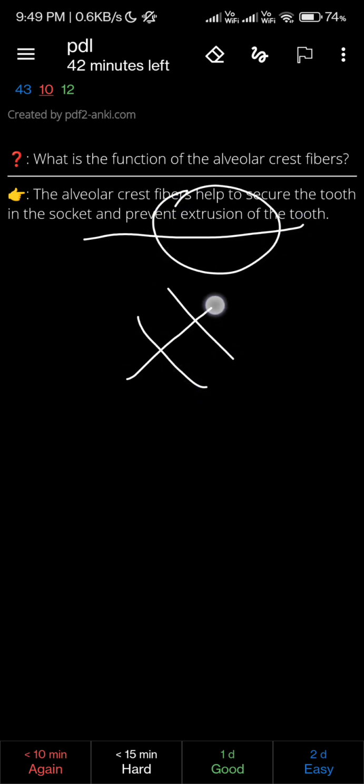Alveolar crest fibers help to secure the tooth in the alveolar socket and prevent the extrusion of the tooth.